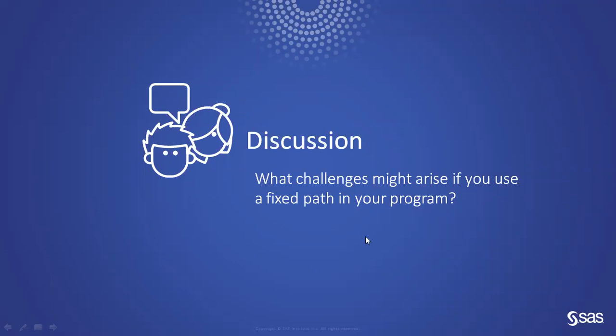So what it's telling is, if you have a fixed path, what will happen if next time you are accessing a specific table, but that table is in a different folder and the path is different? You'll always have to change the path, correct? I hope you are understanding the challenge.